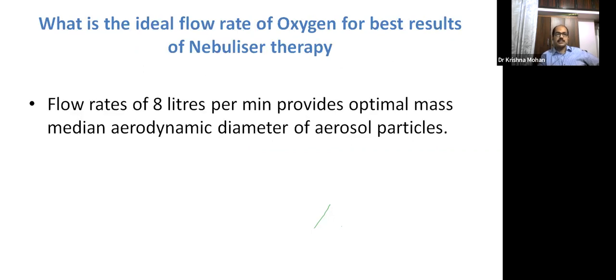And this is the oxygen flow rate that you are required to use. You have to use at least 8 liters per minute for optimal drug delivery. If you are using oxygen, use 8 liters per minute minimum.